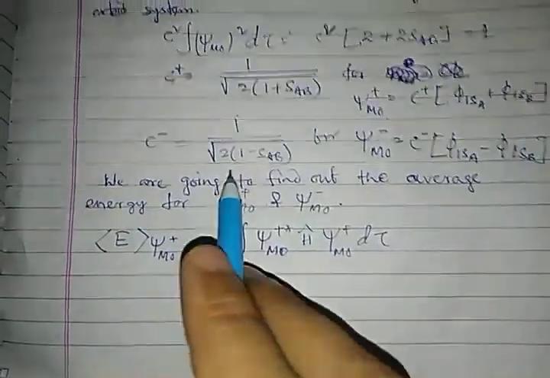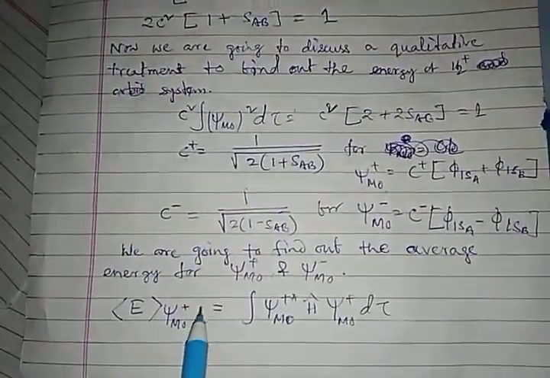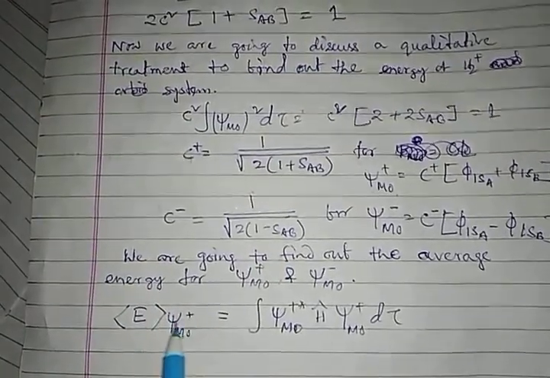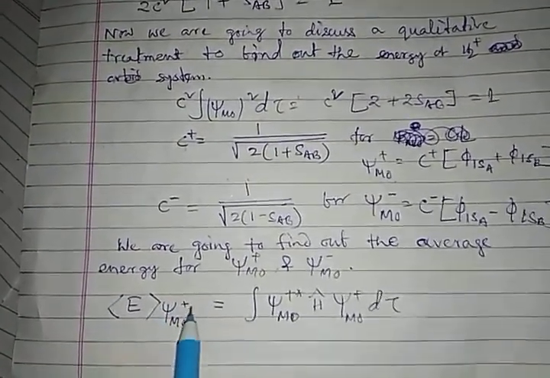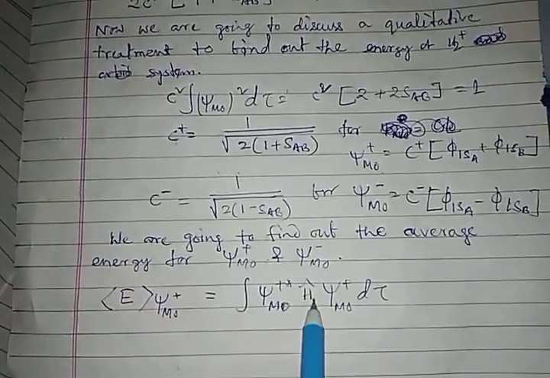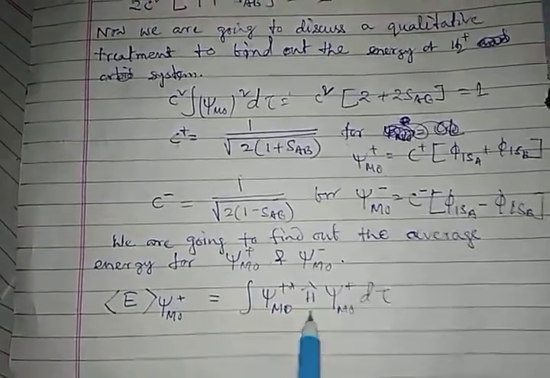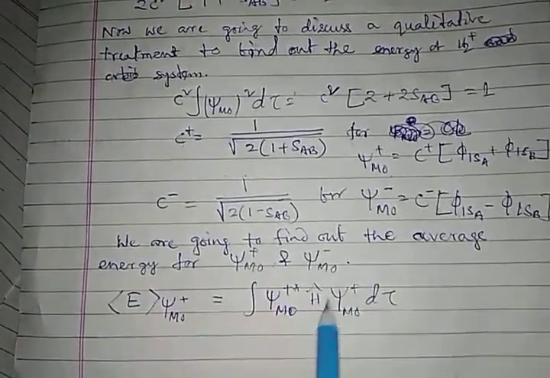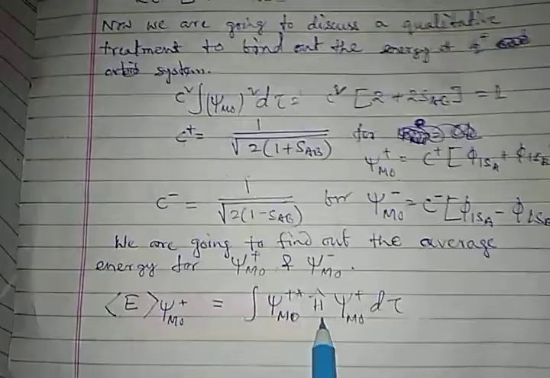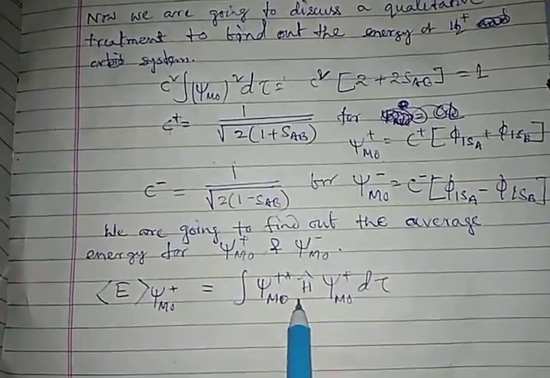Now how can I determine the energy of the molecular orbital? The way to find the average energy of the molecular orbital is to integrate using a Hamiltonian operator. Now we can construct that Hamiltonian by considering the Born-Oppenheimer approximation. We'll do this in the next class.